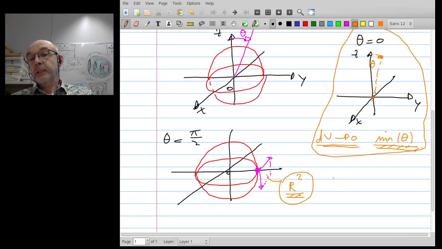So therefore, the sine of theta goes to 1 if the theta goes to pi divided by 2.